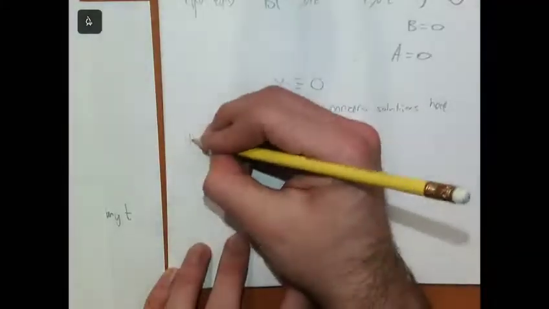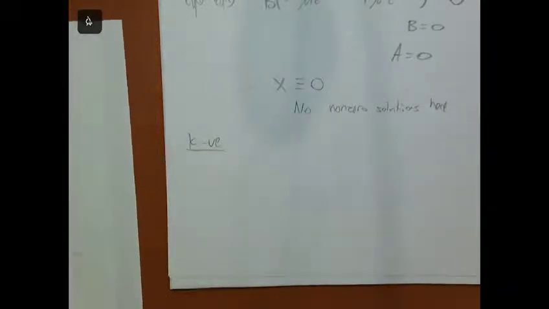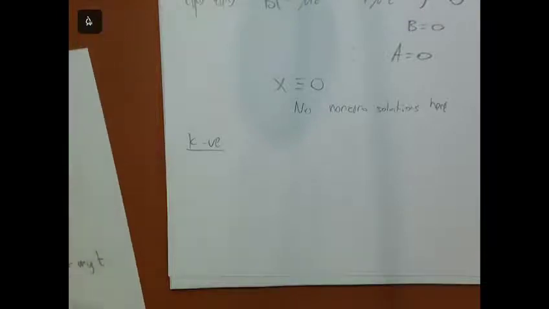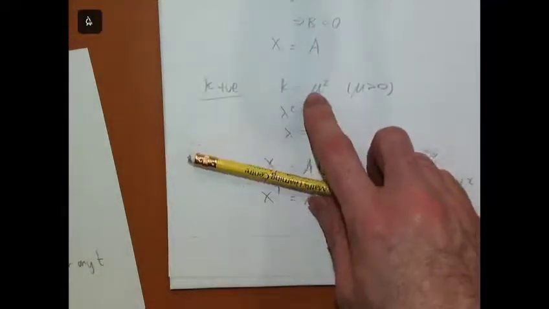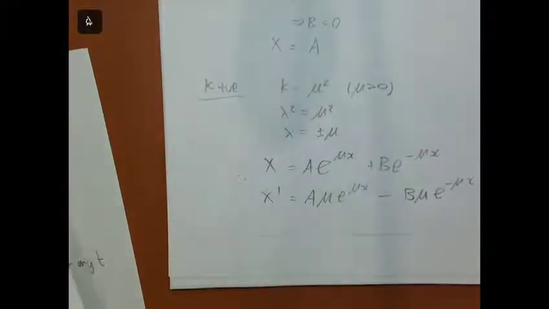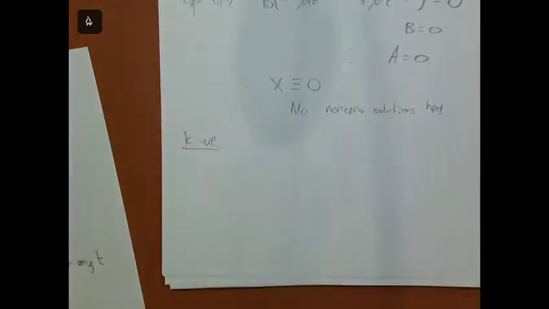Okay. The last possibility is that k is negative. Now I should point out, if there had been a minus in a different spot, then when k is positive, it would have been k is minus mu squared, and I would have gotten plus or minus mu i when I did the square root. So just because k is positive, it doesn't mean you're going to get 0 here. k being positive may actually mean that you end up with complex number solutions.